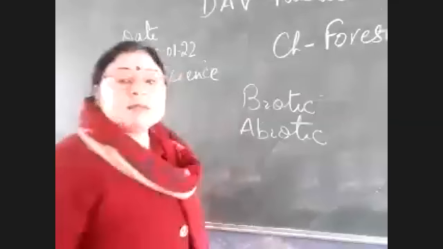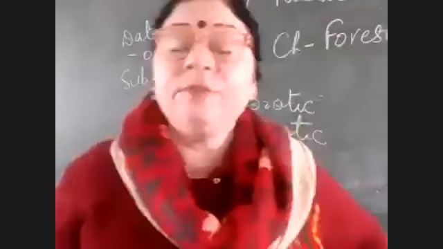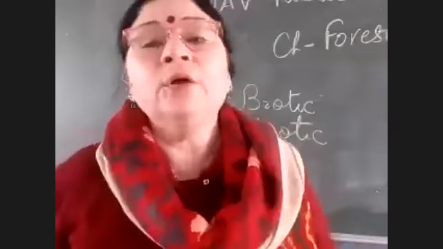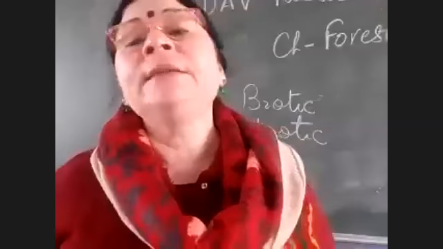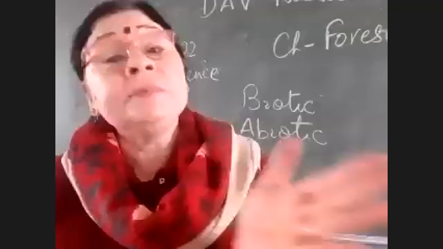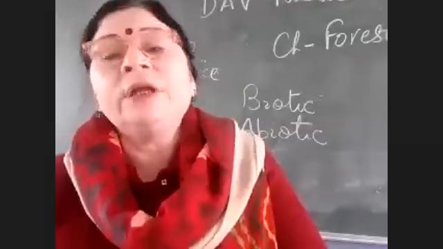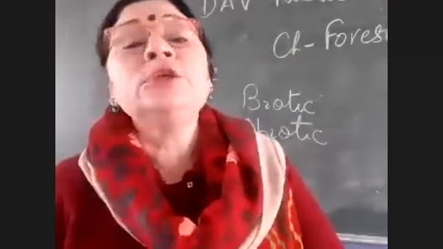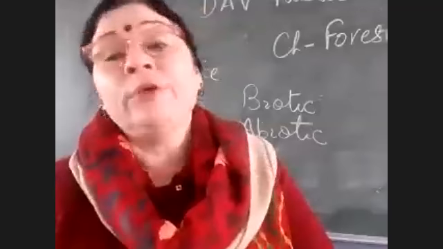Interdependent with each other, and although it is interdependent between biotic and abiotic components, there is an interdependence between themselves also, means the biotic components also. And that creates your food chain and food web.